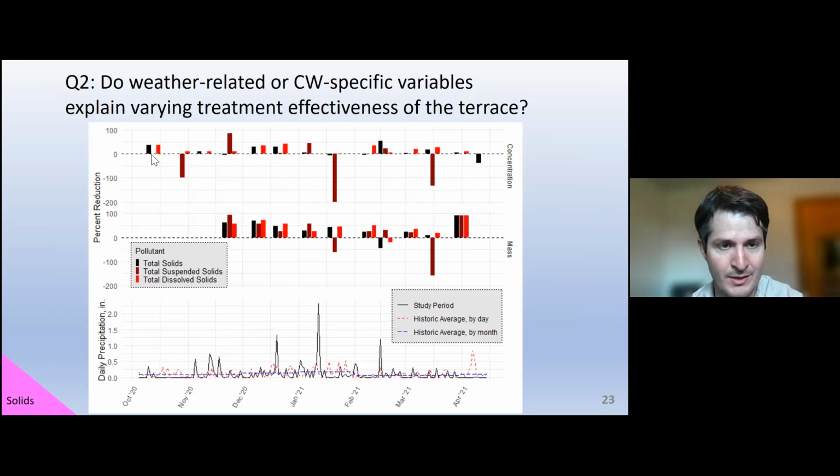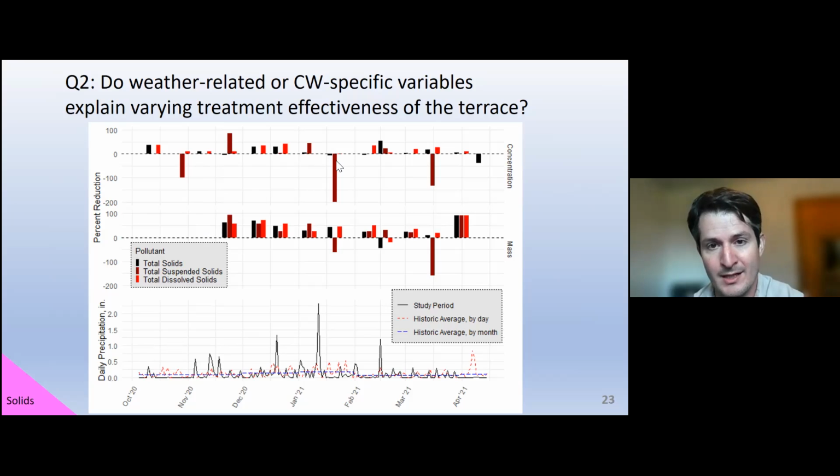For example, on the top row, we're seeing positive bars for total solids and total dissolved solids on a concentration-based reduction, which means that between the beginning of the terrace and the end of the terrace, we saw total solids being reduced. And we can look down at daily precipitation and see that there wasn't much rain happening before that. So it's not really analytical or quantitative in the sense of comparing reductions to rain, but just qualitatively looking to see if there's a pattern there.